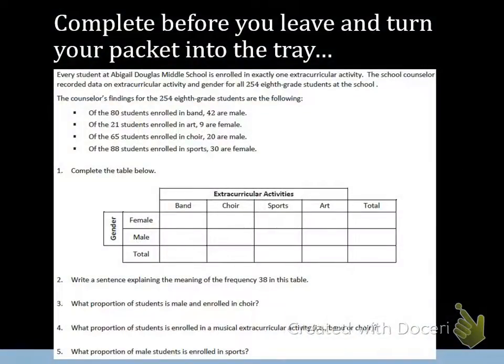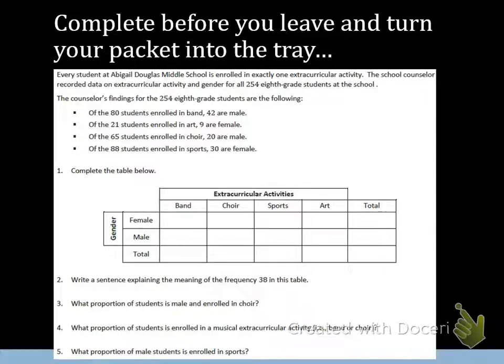All right, before you leave today, I would like you to take a look at the last part of your paper. On that is another example that talks about a middle school. It says here, every student at Abigail Douglas Middle School is enrolled in exactly one extracurricular activity. The school council recorded data on extracurricular activity and gender for all 254 8th grade students at the school.